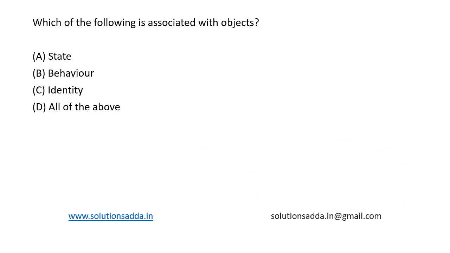This is a question from OOPS concept. Which of the following is associated with objects? State, behavior, identity, and all of the above. So an entity that has a state and behavior is known as an object. An object has two properties, that is state and behavior.